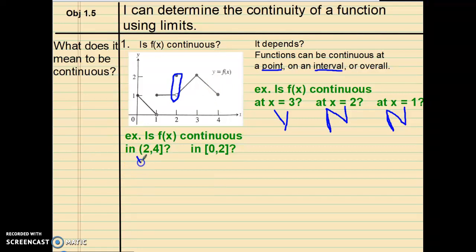Now, if you look at the other one, 0 to 2, it goes from 0 all the way to 2. Well, there's a huge issue here at 1. And because of that, we would have to say that, no, that is not continuous. So this is sort of the intuitive way of looking at it. Continuous meaning no disruptions, everything's nice.